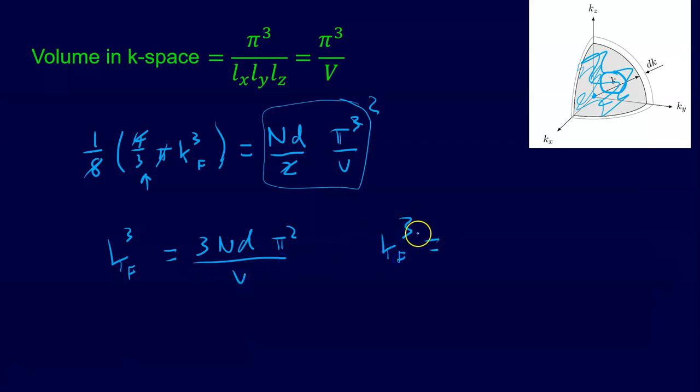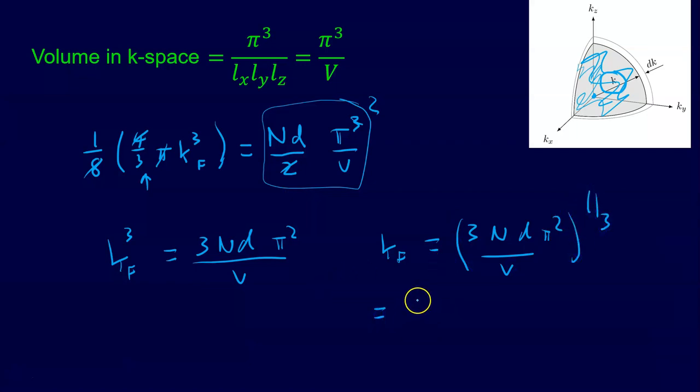And so I get 3 nd pi squared over volume, all of this to the 1/3 power.